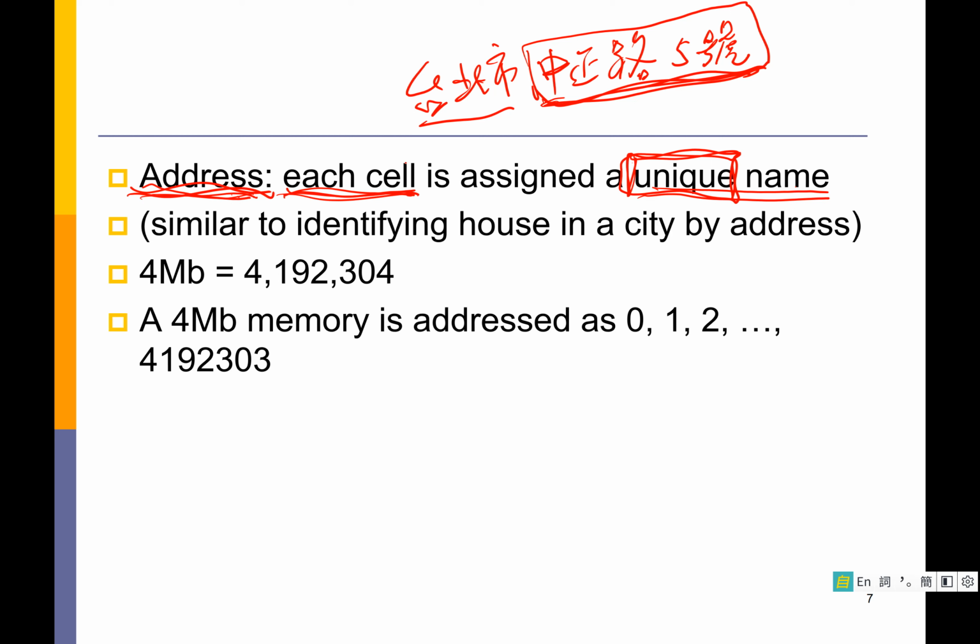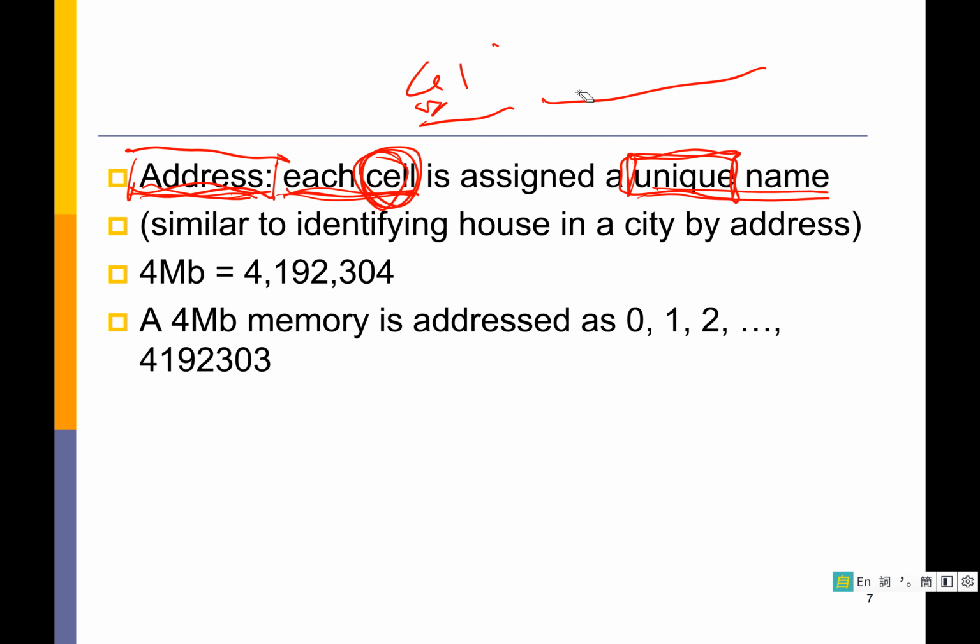To represent a cell. So an address is just like our home: it puts a name or a number on a memory location.